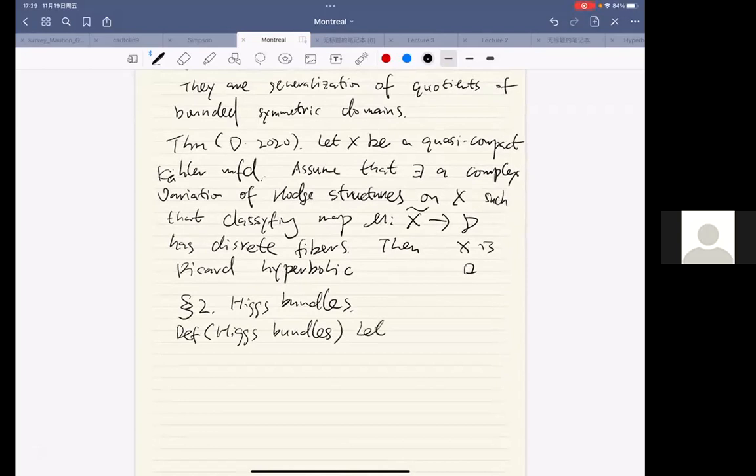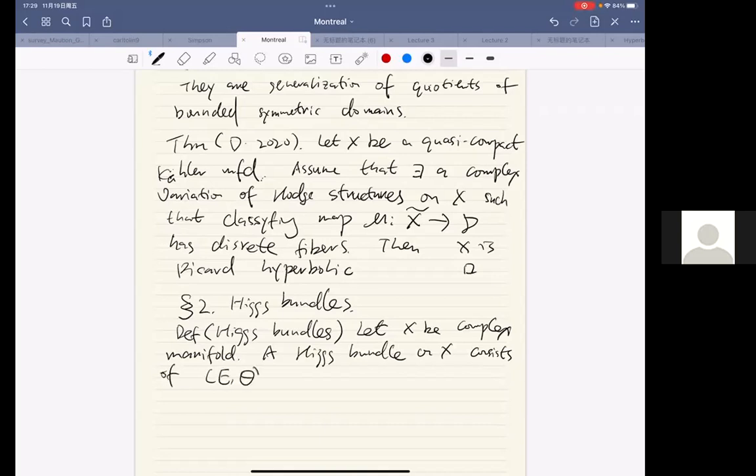Let X be a complex manifold, with no assumption of compactness or anything, any complex manifold. A Higgs bundle on X consists of a pair (E, theta), where E is a holomorphic vector bundle.